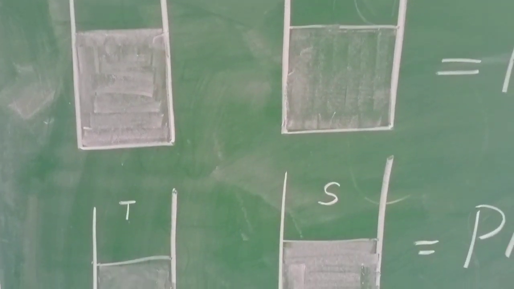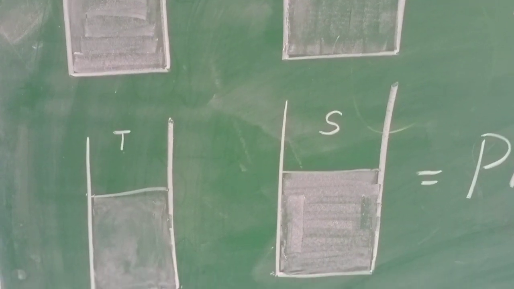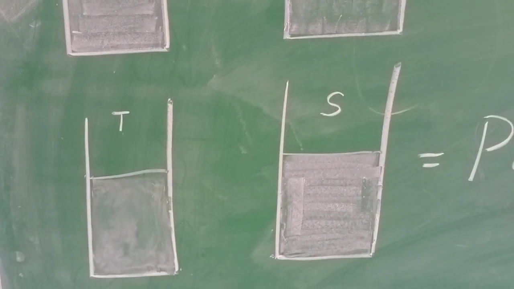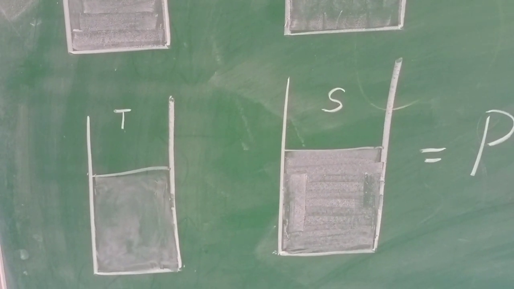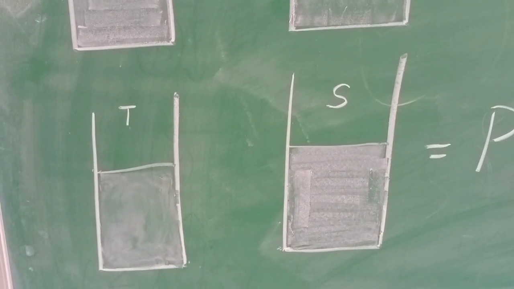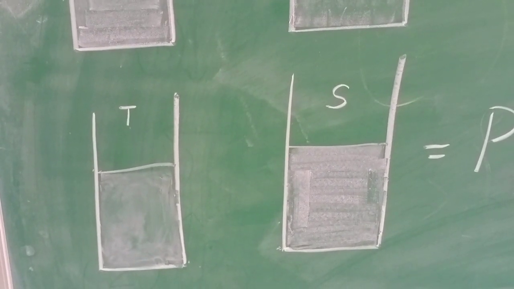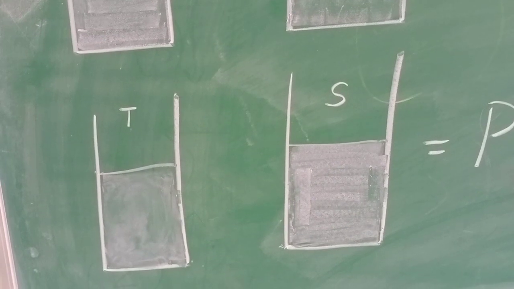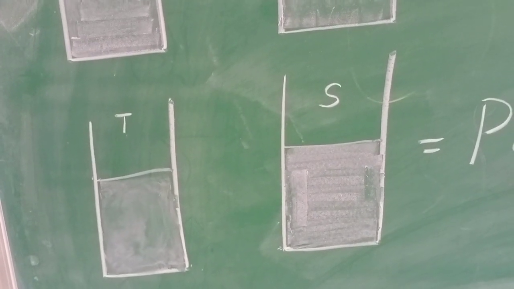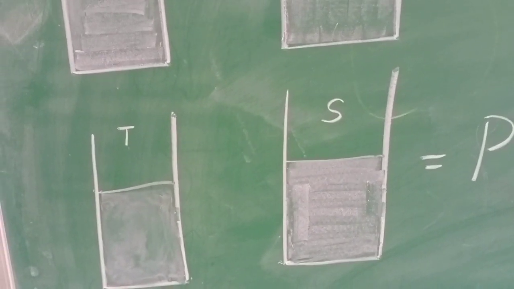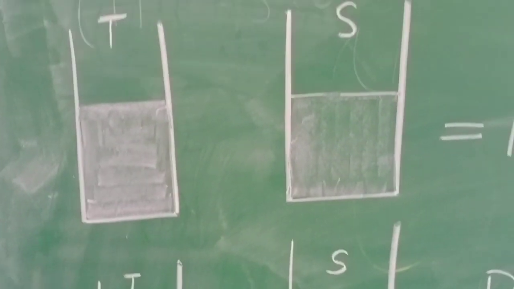And likewise I here marked another pair of Nessler cylinders with T and S, that is, T stands for the test solution and S stands for the standard solution. So let us see the very first case.